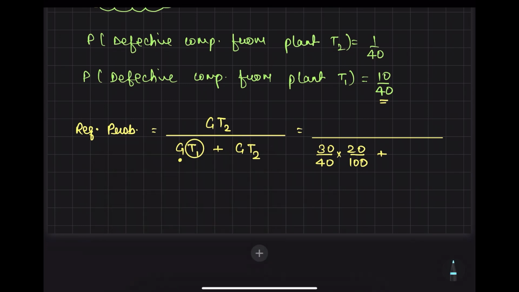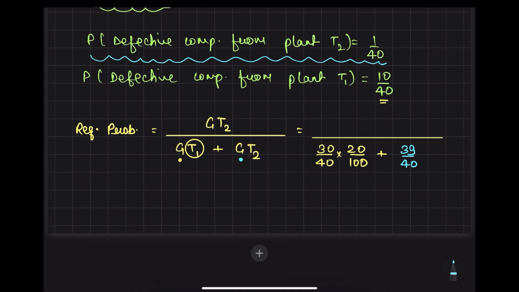Now look at the good computer from plant T2. The probability of having a defective computer from plant T2 is 1 by 40. So the probability of getting a good computer will become 1 minus defective, which is 39 by 40.